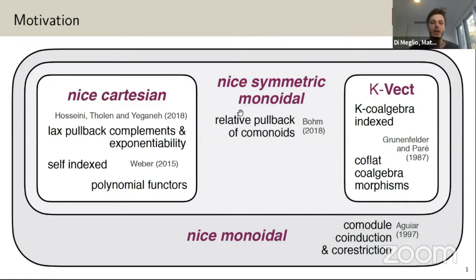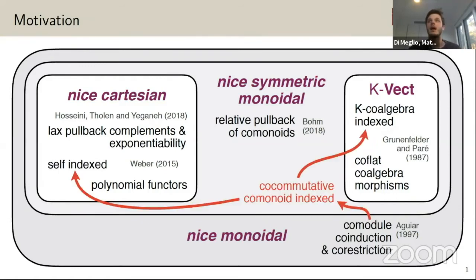And so the point here is that the category of co-commutative comonoids is an appropriate category for indexing. What I'm going to tell you first today is that these nice symmetric monoidal categories are indexed by their co-commutative comonoids, and this indexing generalizes the self-indexing of the nice Cartesian categories and the coalgebra indexing of the category of vector spaces.